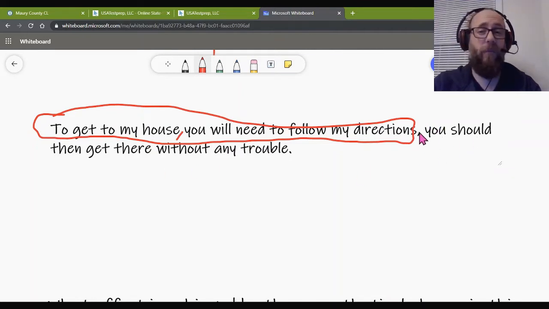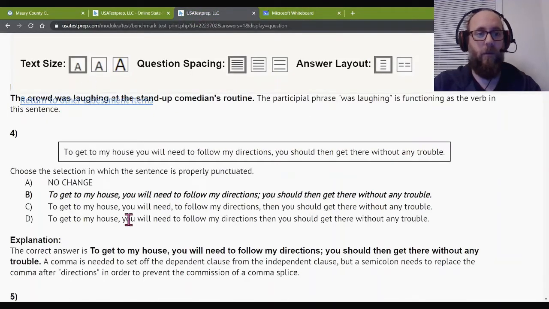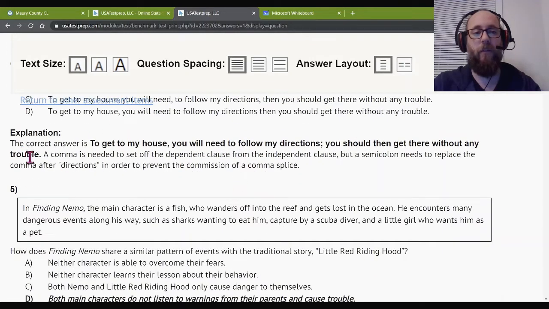We're going to sort of make it a comma and sort of make it a period. So we do this thing called the semicolon, because it's a period and a comma. Okay? That's a period and a comma. It's a semicolon. So going back here, that is the correct answer. Semicolon right there. Okay? And if you want to read the explanation here, you can. You could just pause the video.